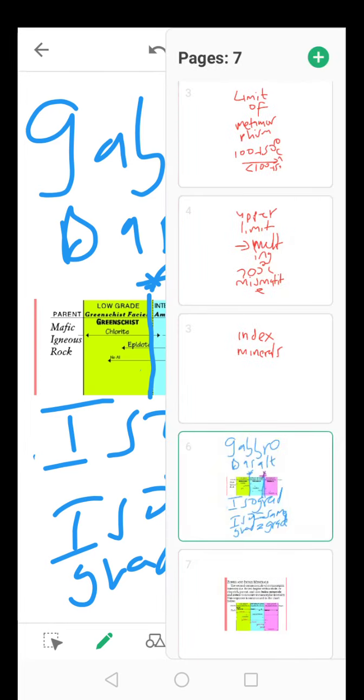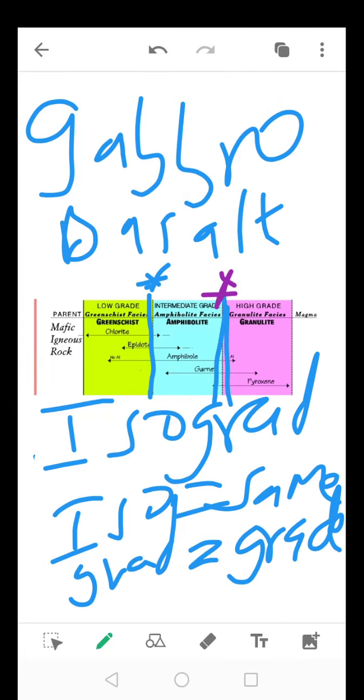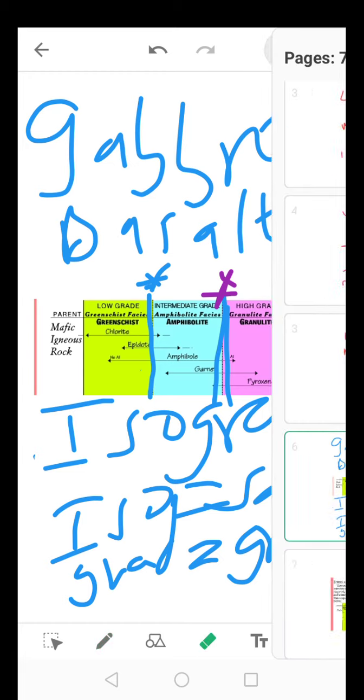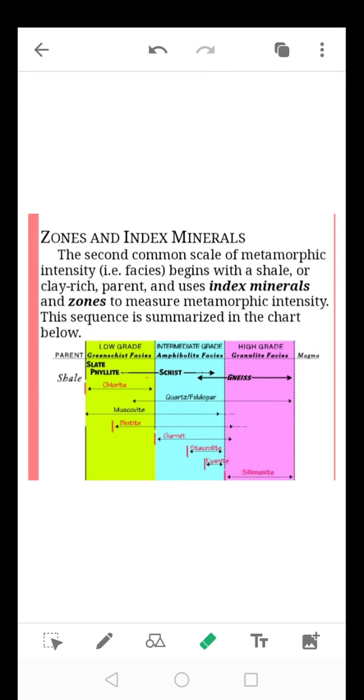I hope you understood that. Should you require me to do another video, I would do it on the textures, how the slate, the phyllite, the schist, and the gneiss tend to be. When we have a gneiss, we know it will have bands, gneissic bands.